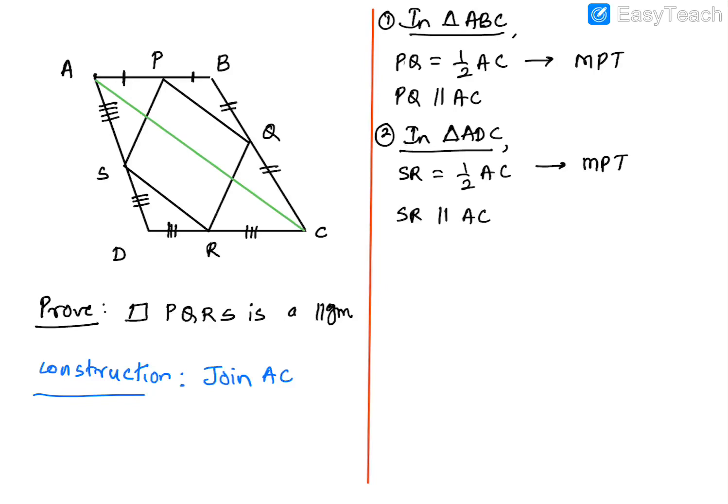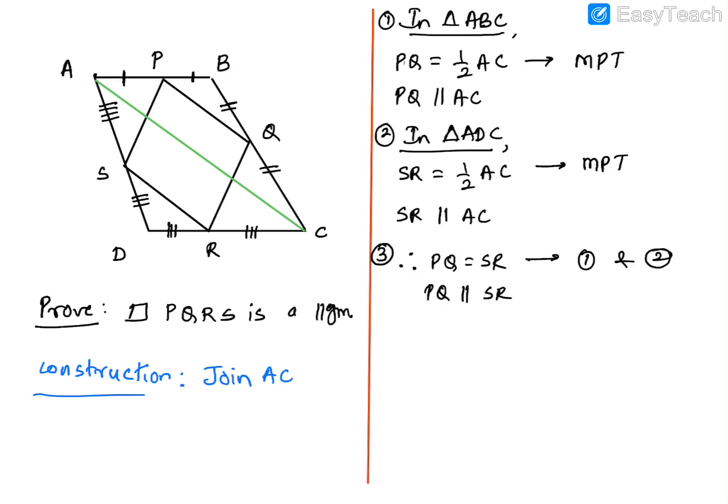Midpoint theorem. Now you compare statements number 1 and 2, you will find that both sides are half of AC, both are parallel to AC. So if you compare those, I can say that therefore PQ is equal to SR. Also PQ is parallel to SR. What will be the reason? From 1 and 2.